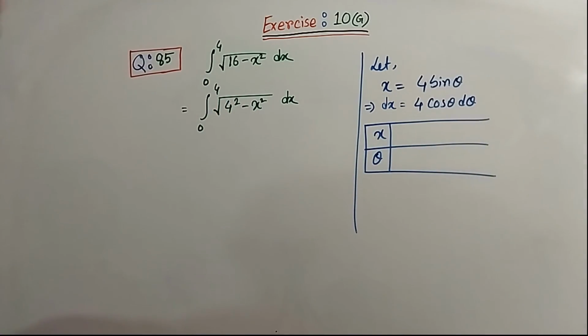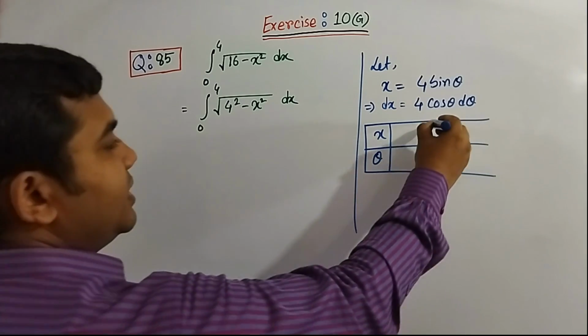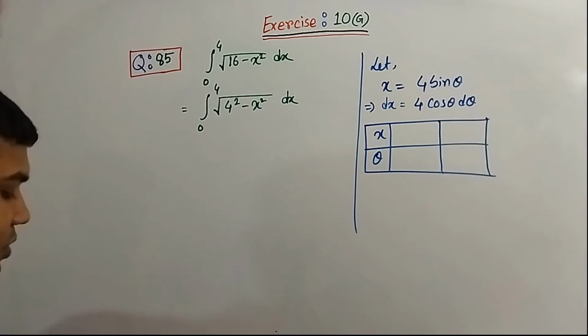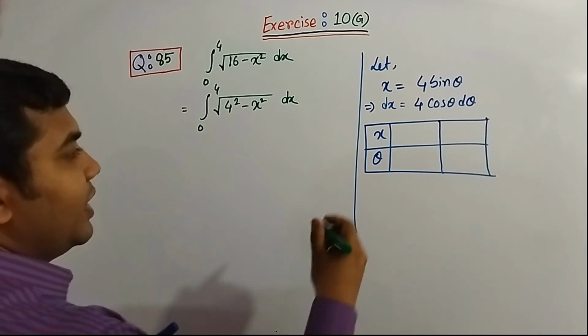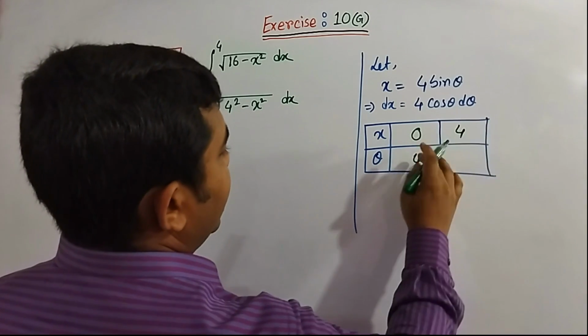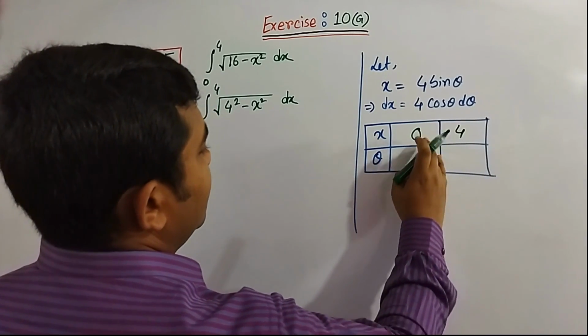Exactly. So for two values we'll get two limits, and here it is given 0 to 4, so write down here 0 and 4. Then what will you get?